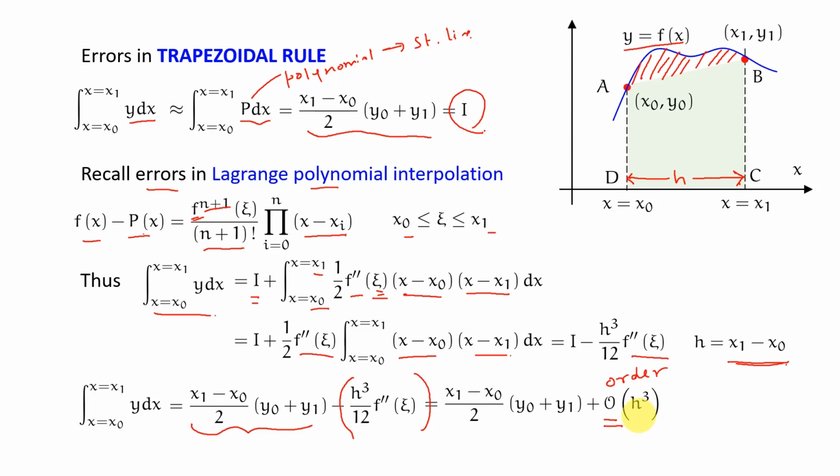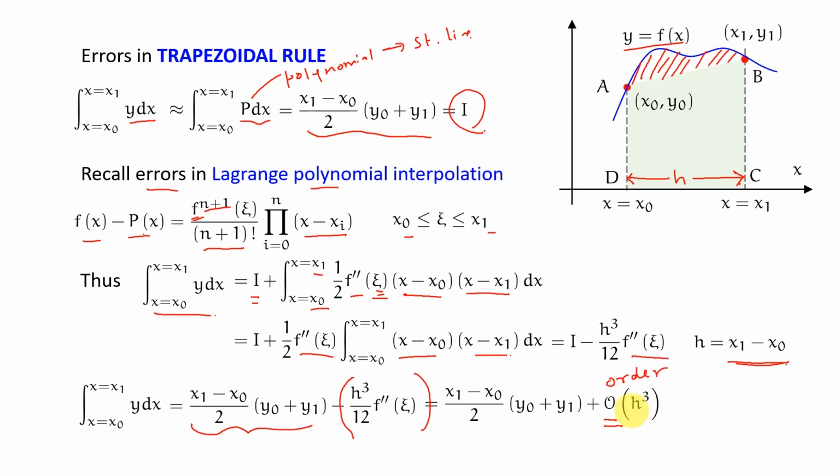So we expect that if we, for instance, make h twice, then since it is h cube, if h goes from h to twice h, we believe that the error will be 8 times.